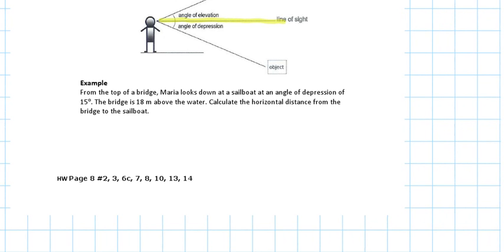When it comes to a question like this, you're going to have to draw a picture. I don't know how to draw people in boats, so I write names. I'm very bad when it comes to the art piece. So I know that I have a bridge, and I know that Maria's standing at the bridge, and I know that there is a boat somewhere.